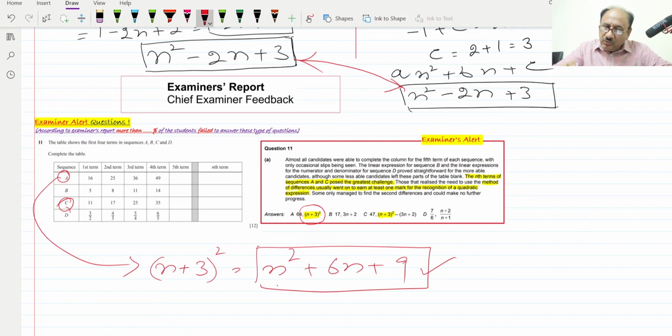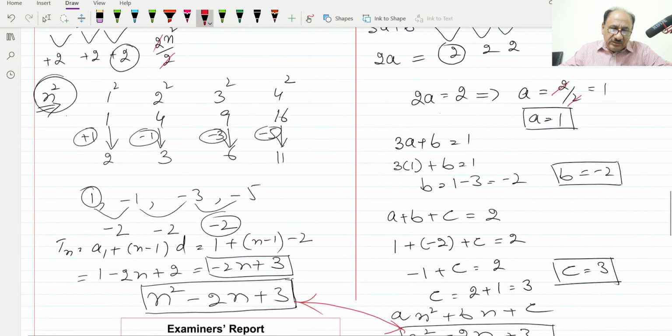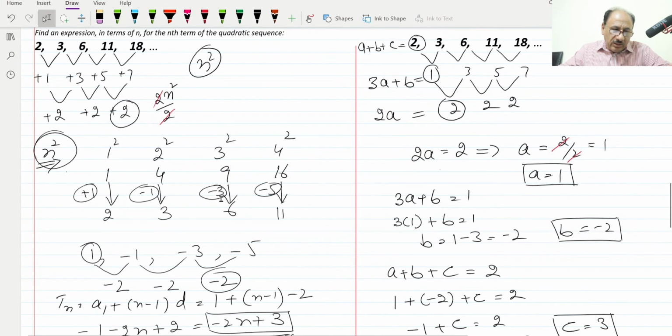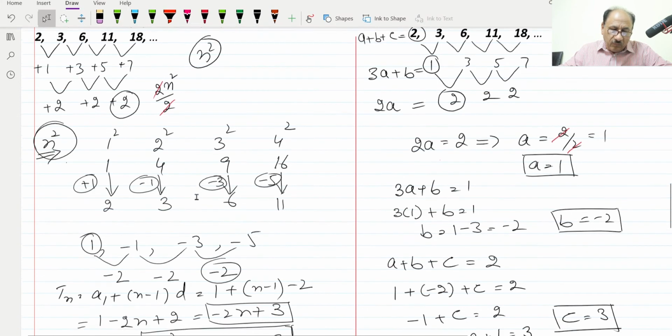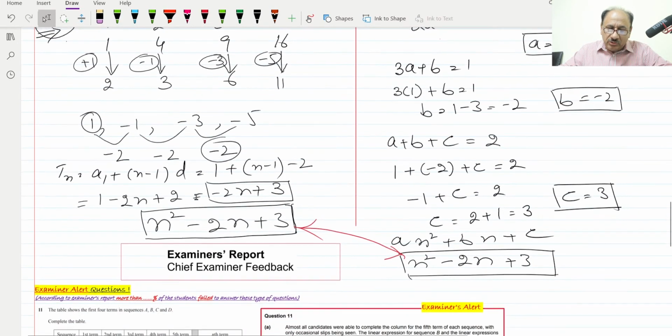As we have gone through this report, at the end they have written that some only managed to find the second differences and could make no further progress. So in the difference method, as we have seen, it is very important after finding the second difference, you will have to follow this process and reach the result.